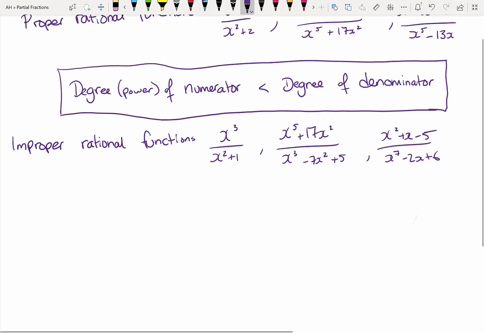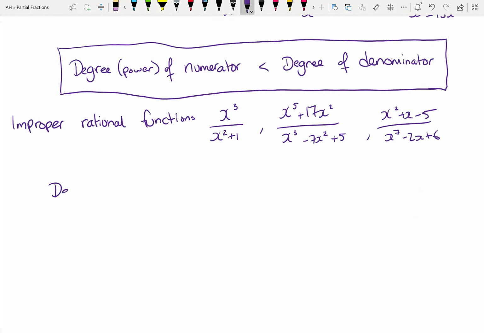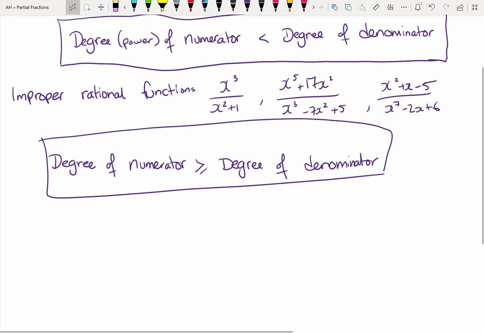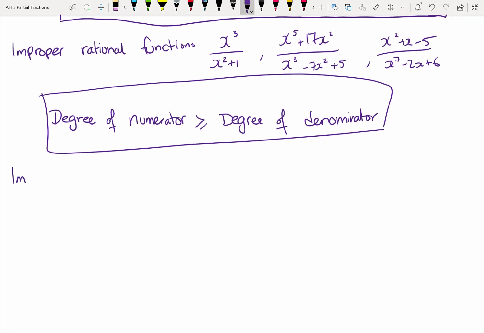Okay, what we're looking at in these cases though is that the degree of the numerator, so the highest power in the numerator, needs to be bigger than or equal to the degree of the denominator. Okay, so that is what we are talking about here. If we find ourselves with an improper rational function, then they can be simplified using our division.